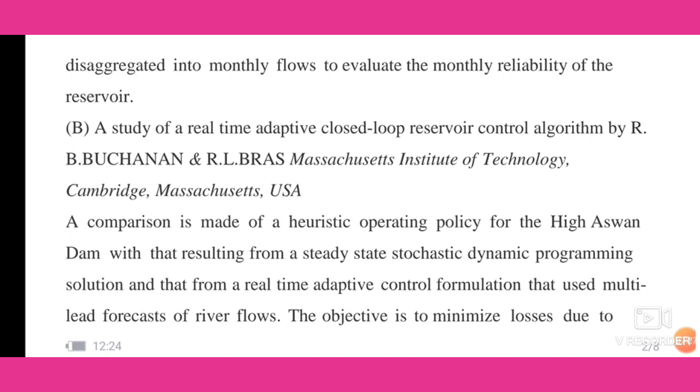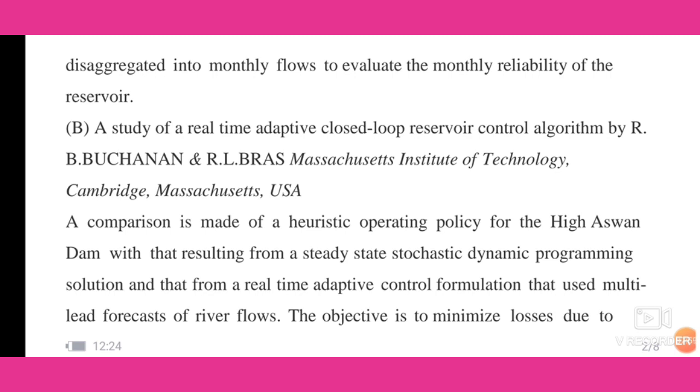Then one more reservoir problem was studied by R.B. Buchanan et al.: a study of real-time adaptive closed loop reservoir control algorithms, in which real-time closed loop reservoir algorithms were developed from a steady state stochastic dynamic programming solution and from a real-time adaptive control formulation that was used for the multi-lead forecast of the river flows.